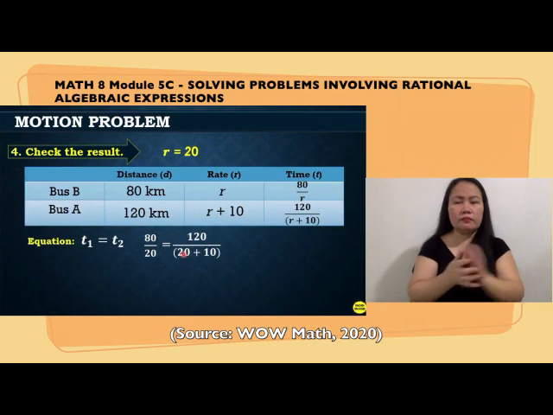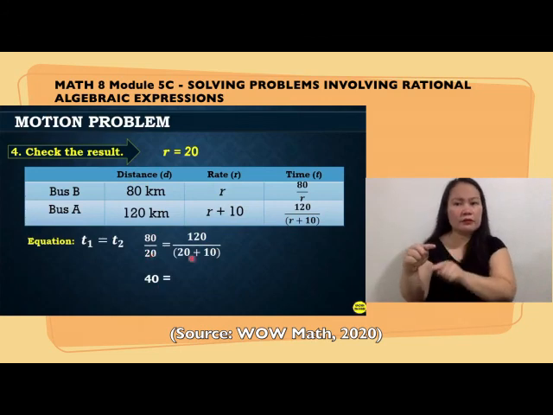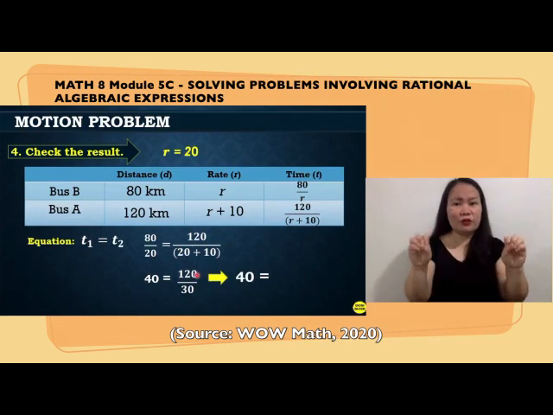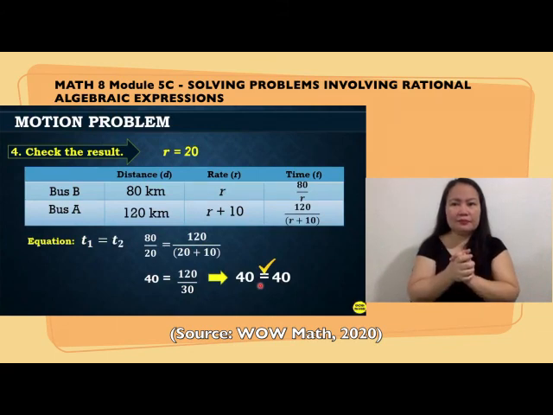So, sinasubstitute na natin yung nakuha nating sagot. So, 80 over 20, that is 40. And then, 120 over 20 plus 10, that is 30. Now, 40. And then, sa kabila, on the right side, we have 120 over 30, that is 40. And they are equal. So, our solution is correct.